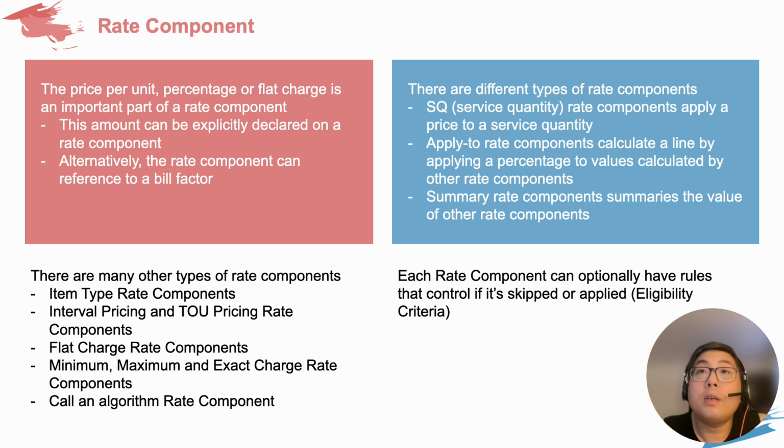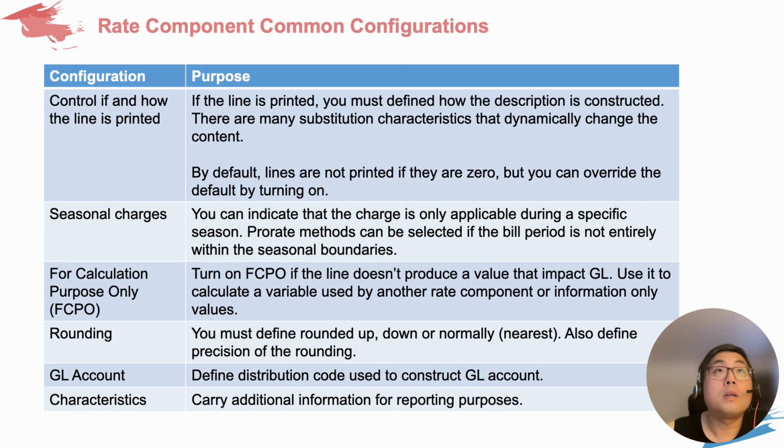Each of the rate components can optionally have rules that control if it's skipped or applied, which is called eligibility criteria. Okay. Now, here are some common configuration points for the rate component.